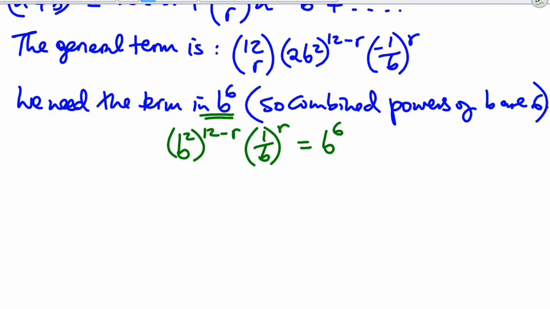So if you simplify that using laws of indices, you'll have b to power 24 minus 2r multiplied by b to power negative r, which will be equal to b to power 6.